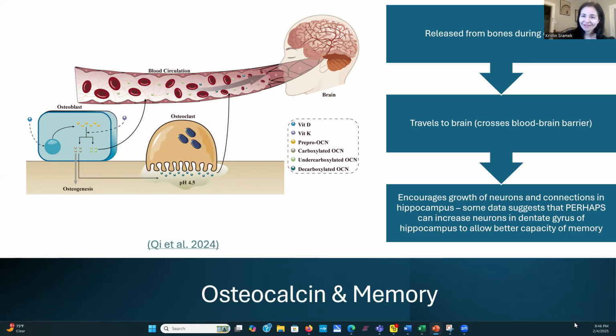So we do know already from previous research that exercise does increase hippocampal volume, making the hippocampus bigger. Exercise makes that happen. But this is showing that potentially this is the mechanism, that it's from the bones themselves, which I think is quite interesting. And it's from the bones themselves, specifically during exercise. So, osteocalcin may be the mechanism through which exercise is helping build the hippocampus.